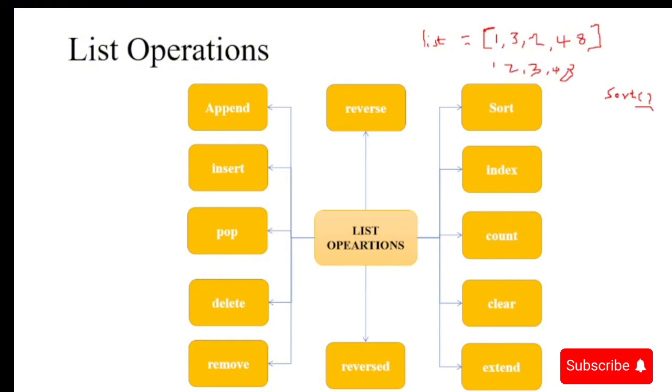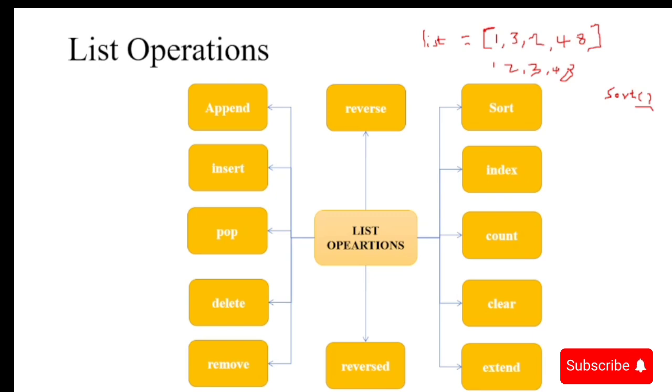And then we have the index. Just as we said, index is simply about returning the index of the first occurrence of the specified value.